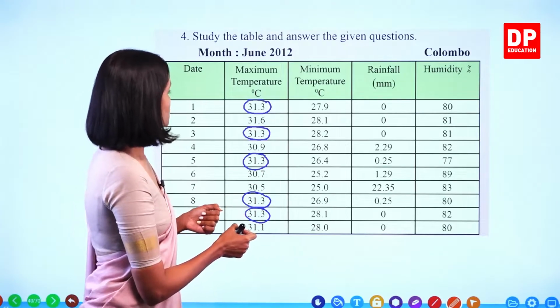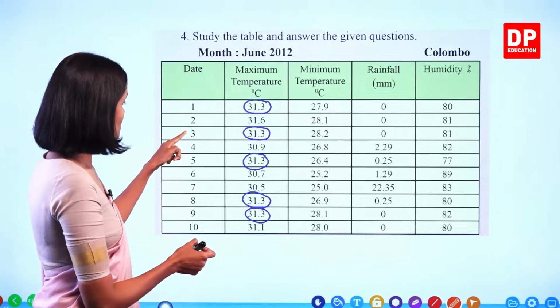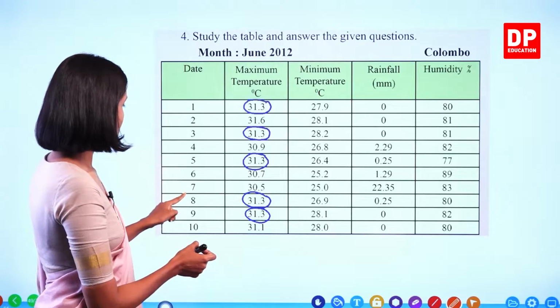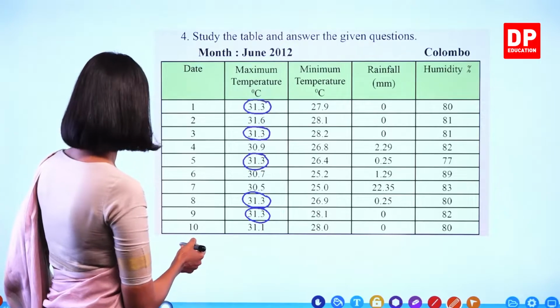So what are the days with the same maximum temperature? 1st, 3rd, 5th, 8th and 9th of June. Right?